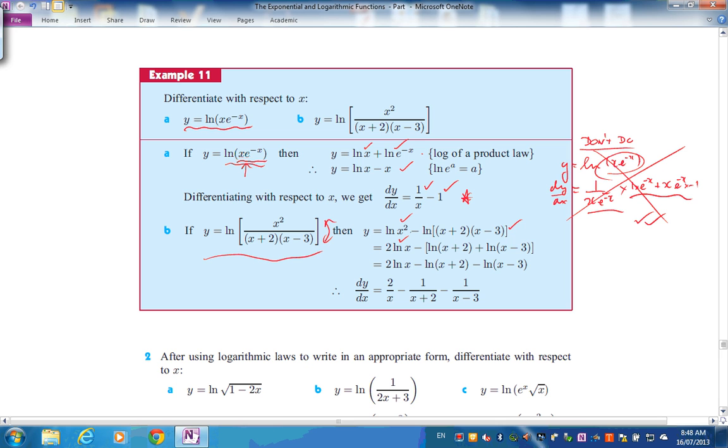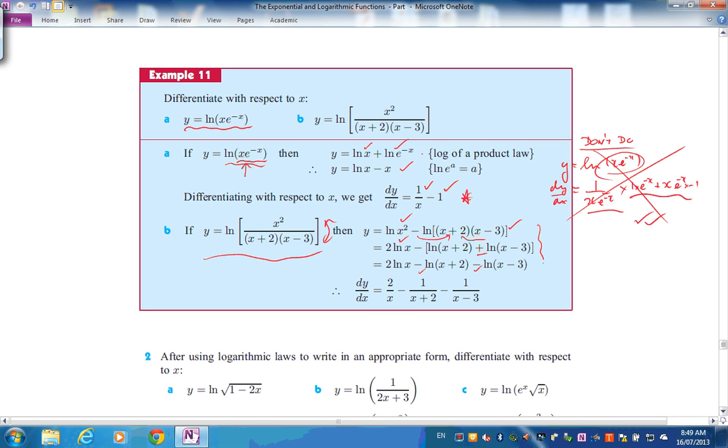So then we can do 2 ln x and break this further. A log of x plus 2. Over here, minus log of x plus 2, and the log of x take 3, because here that's a product, so it's a sum of the logs, then removing it and making sure there's a negative through the whole bracket, and then we can differentiate.